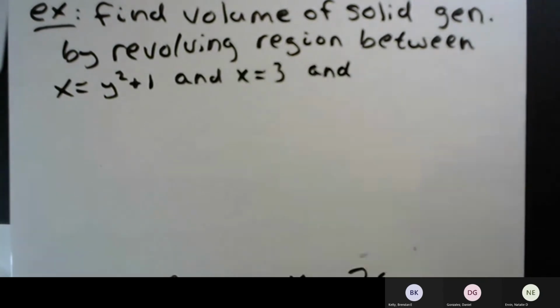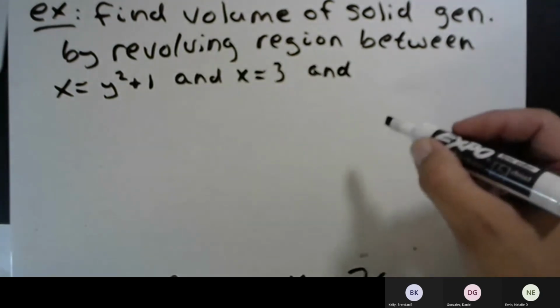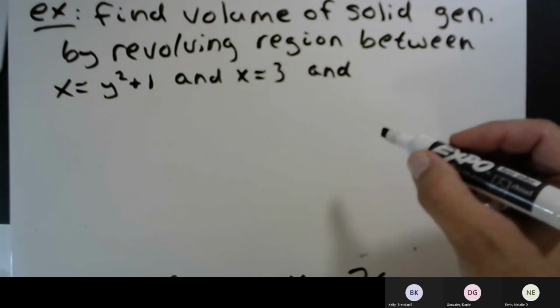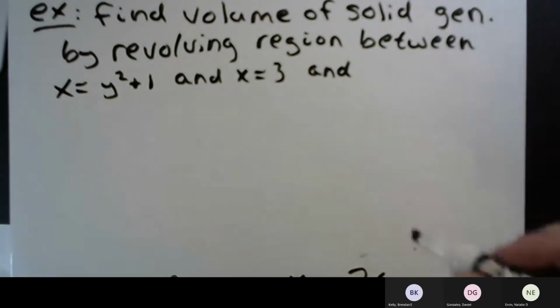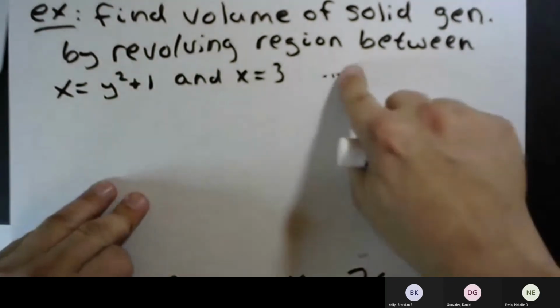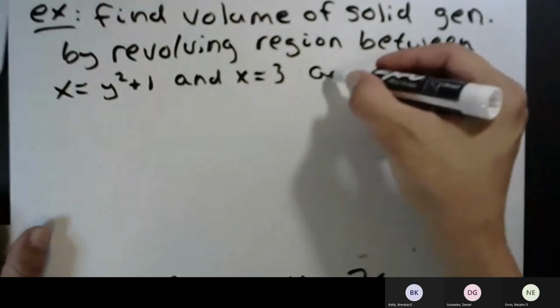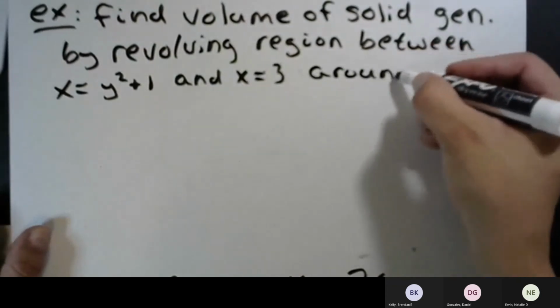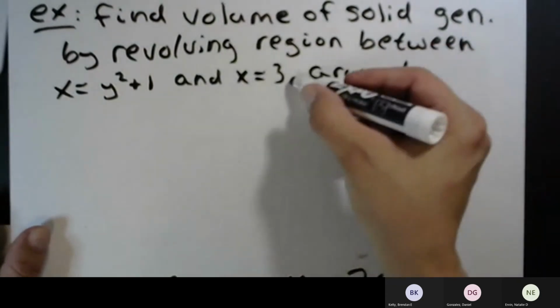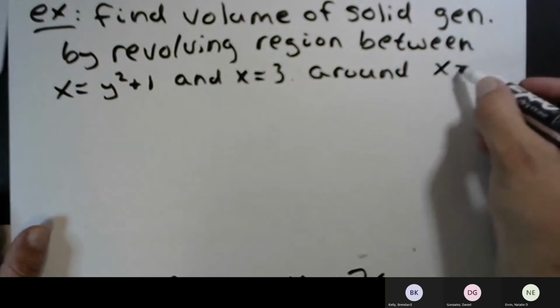Oh wait, no, we're not going to do that. Just x equals 3, around x equals 3.